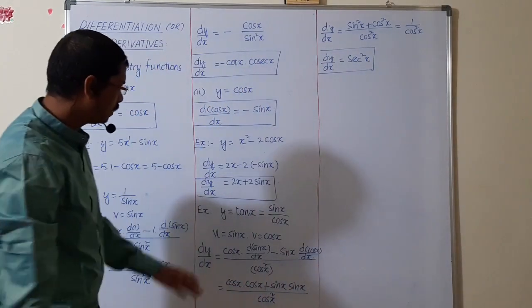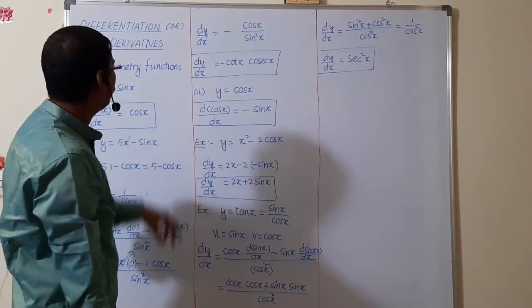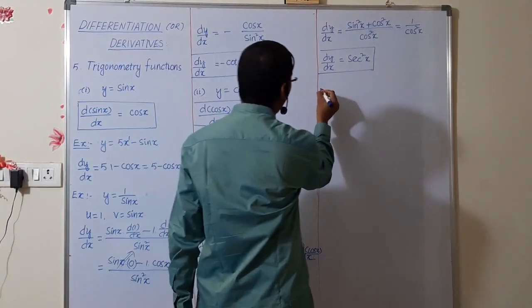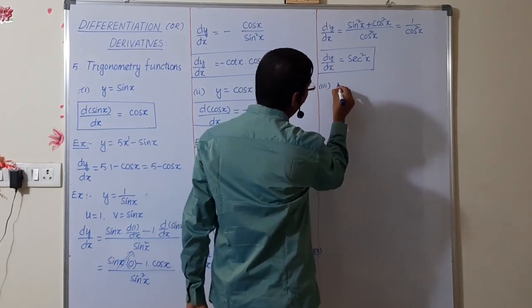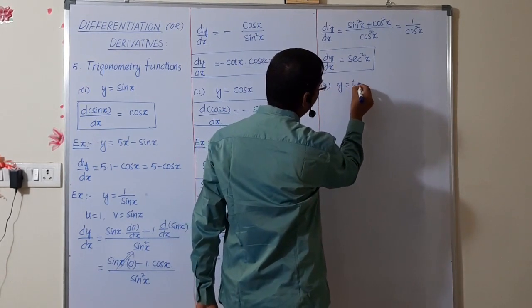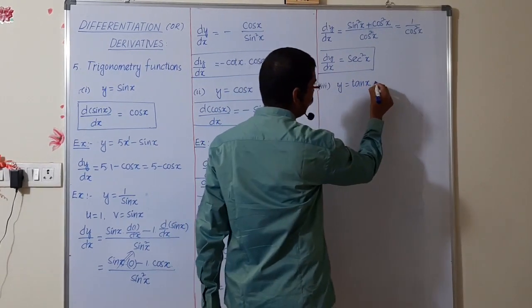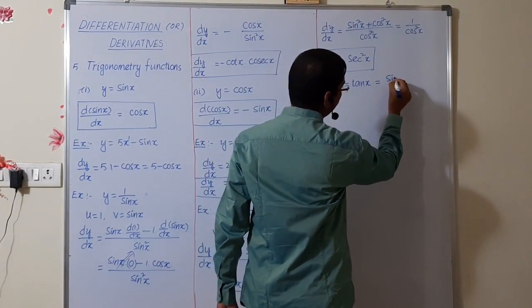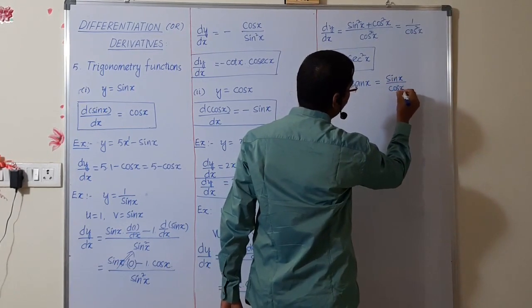Like that only, by using that formula we can make so many formulas. Here 3 formulas we completed. Now the third formula, y equals tan x. This value we can write as sin x upon cos x.